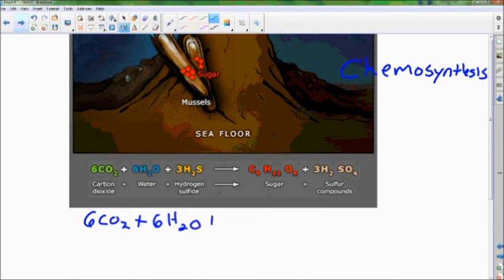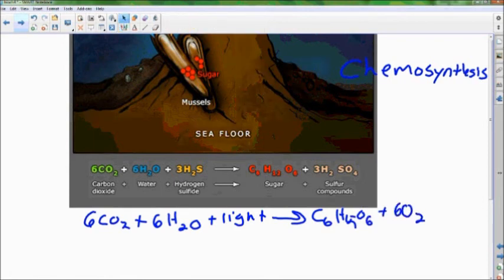Add some sun, so we'll put plus light, and that gives us glucose, C6H12O6, and oxygen, 6 oxygen molecules. Well, here is an equation for one of the processes by which some organisms can do chemosynthesis. And we see it is very similar.